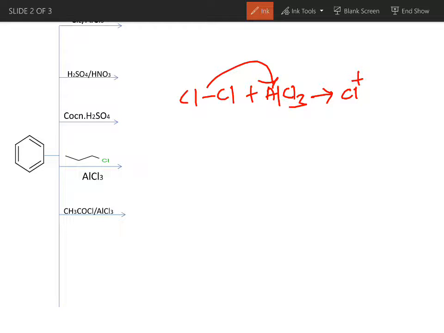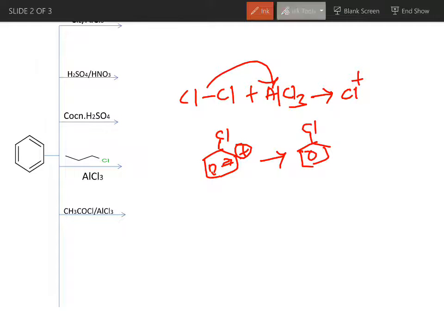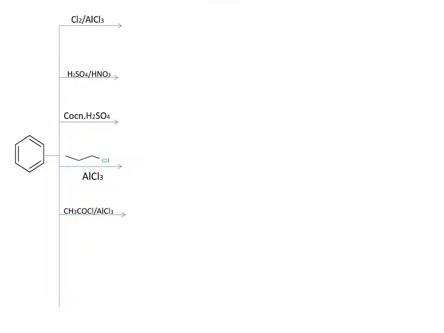Now this electrophile easily attacks the benzene ring and forms a carbocation. This carbocation is further stabilized by resonance and gives the compound chlorobenzene. So the product of the first reaction is chlorobenzene.